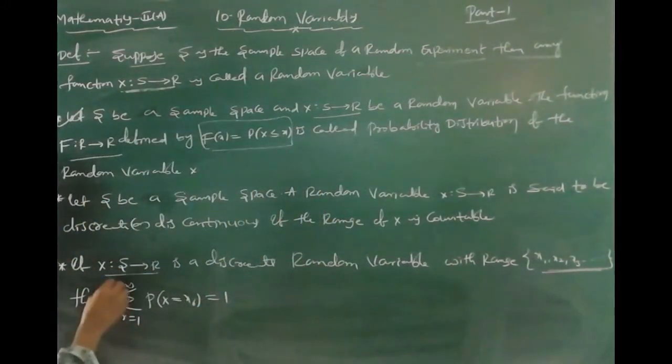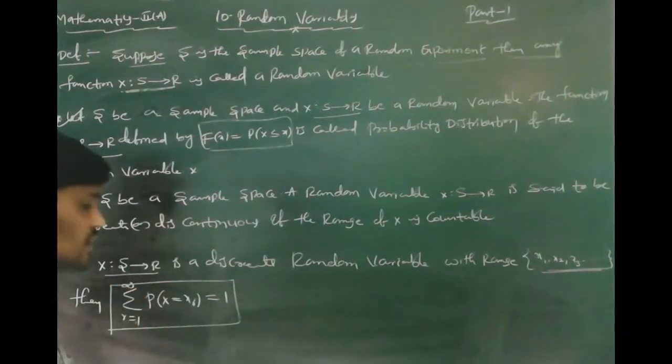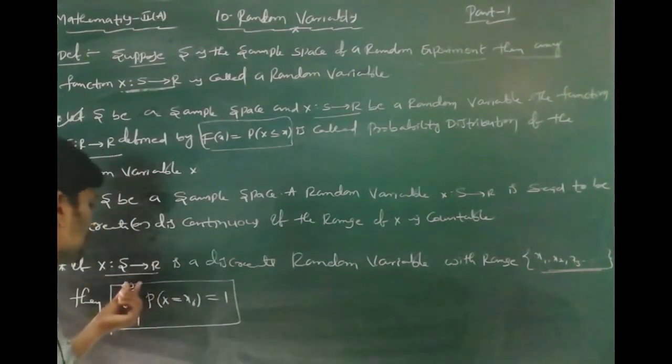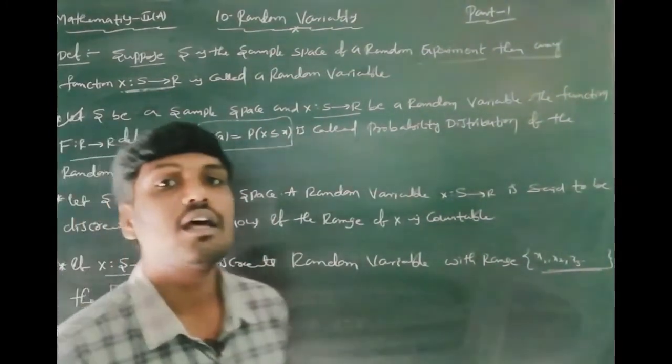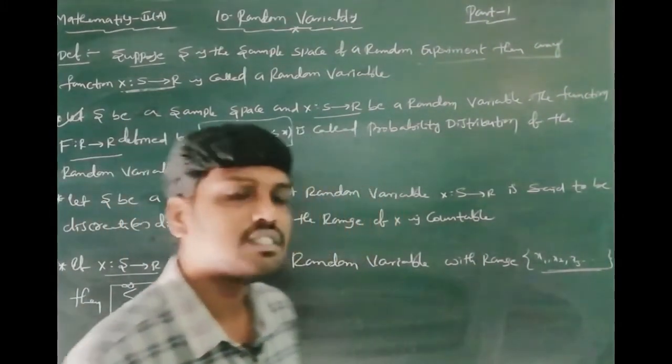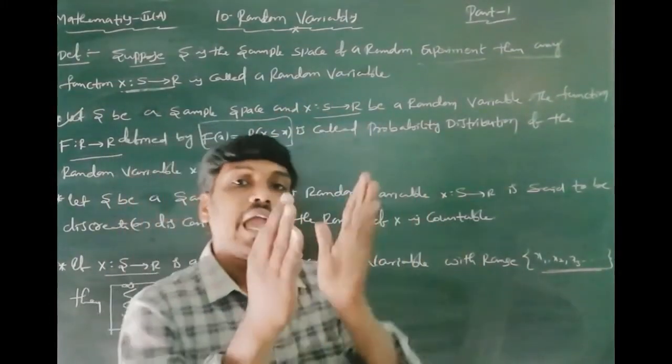Then the summation of r equal to 1 to infinity of p of X equal to xr. What is the meaning of this? In this random experiment, there are n events.